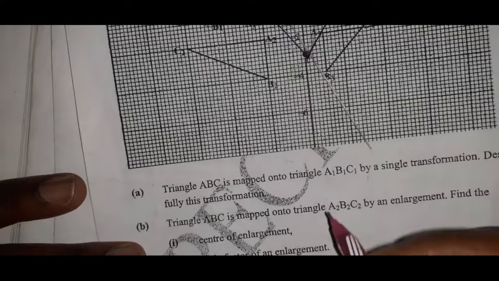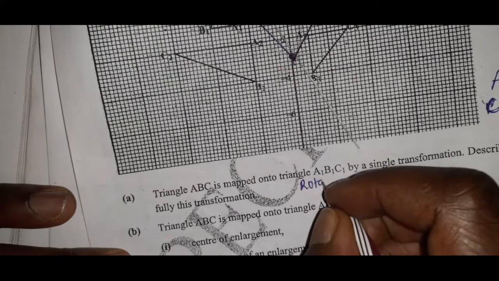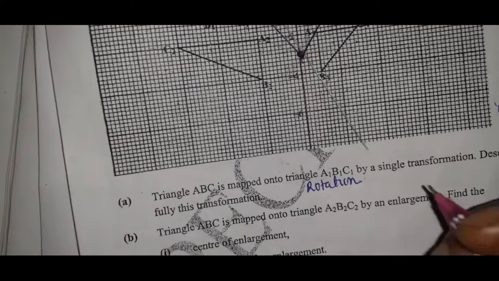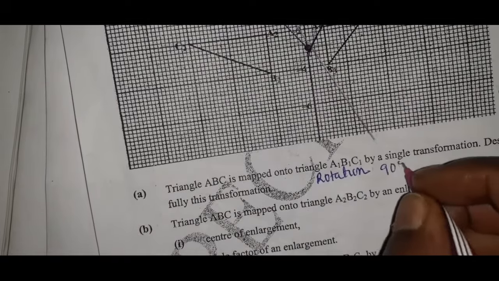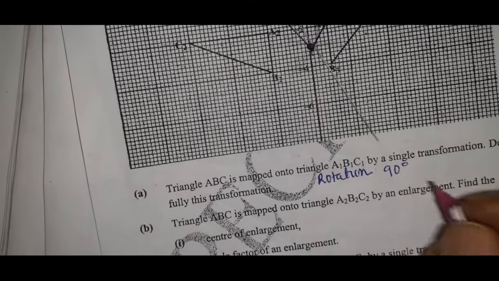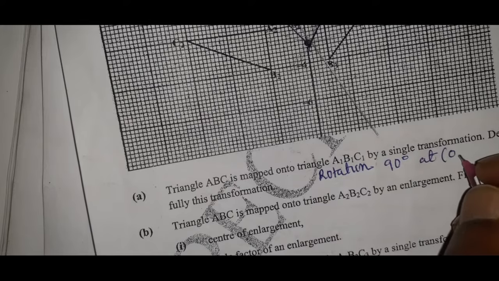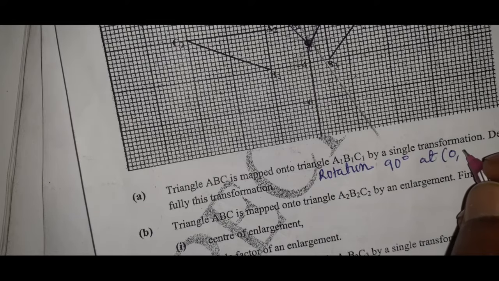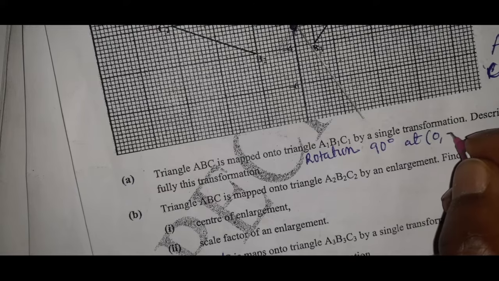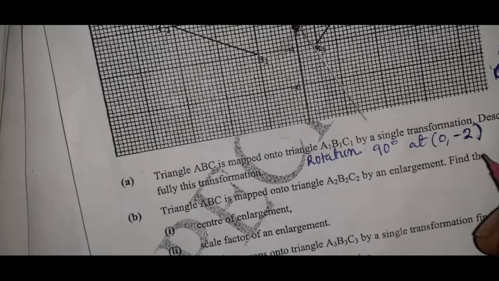To describe, we're going to say this is rotation. You need to mention that. Then 90 degrees must be there. The center at 0, negative 2. This is the center of rotation.